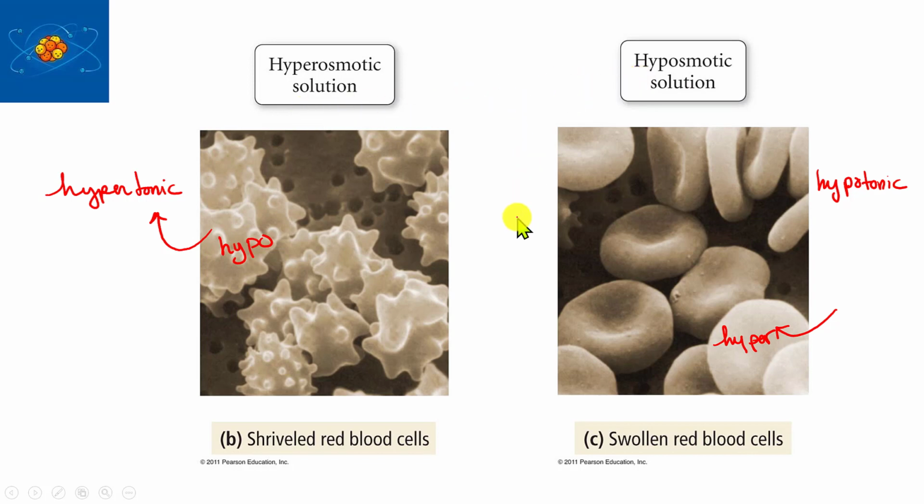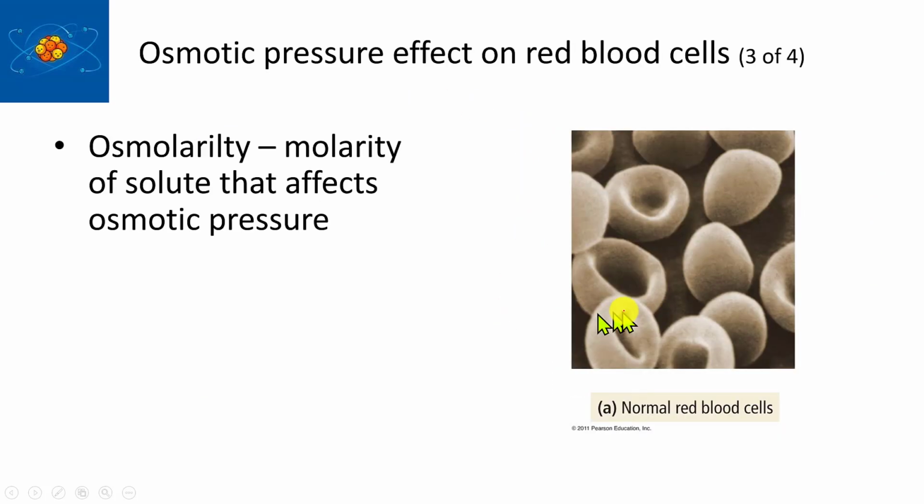But it turns out there are a lot of organic materials that can cross the cell membrane. So let's go back here. This is supposed to be isotonic, right? This is when water flow inside to outside is the same.